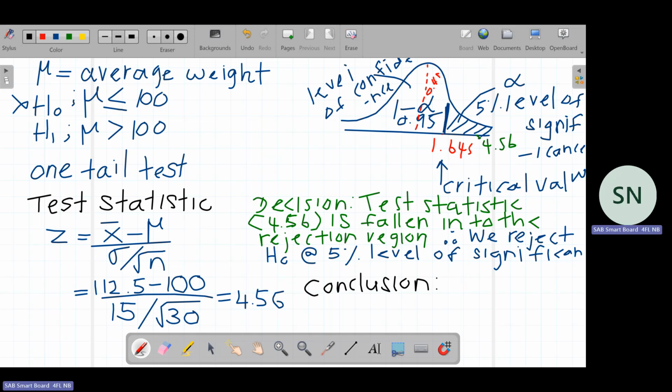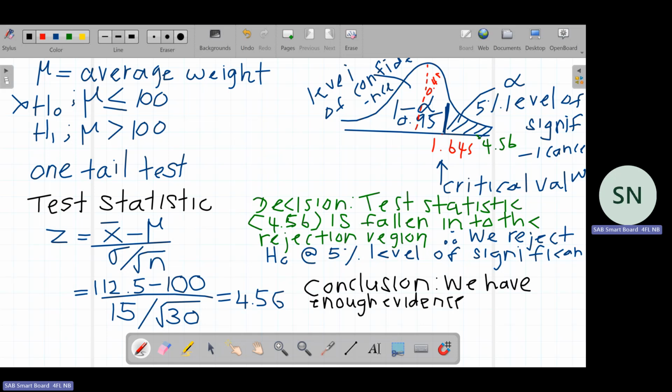Here the conclusion we normally write down: we have enough evidence to conclude that the researcher's claim is true. Okay, then this is our conclusion. Understood?